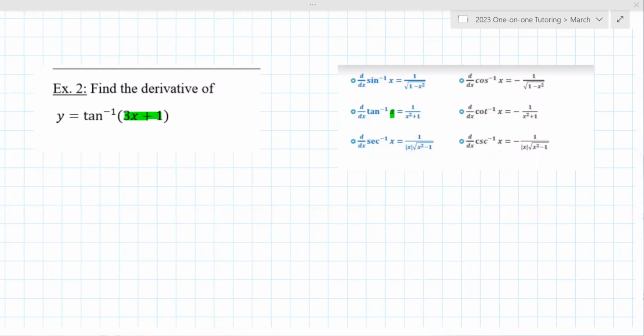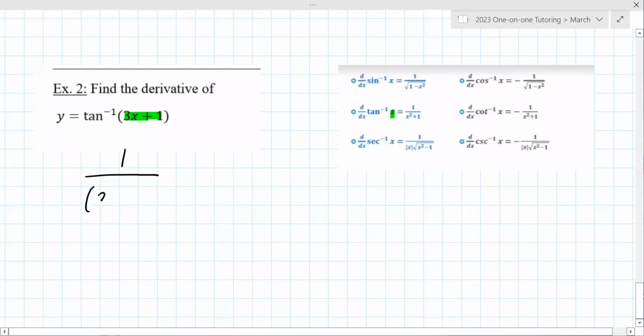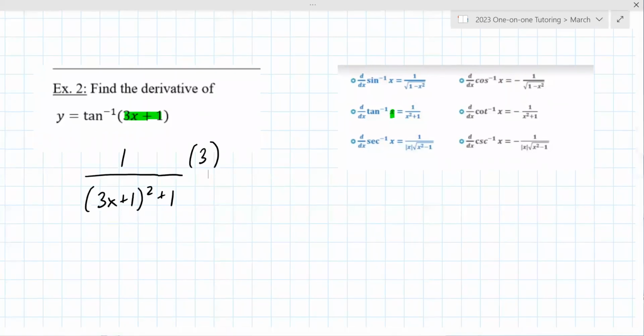So you have to plug that in, so it's 3x plus 1 squared. But there's a bit more because these are all multiplied by the chain rule. So it's 1 over 3x plus 1 squared plus 1 times the derivative of the inside function, which is 3.